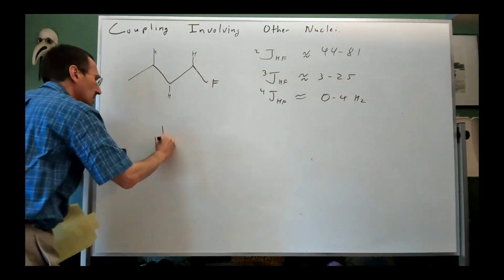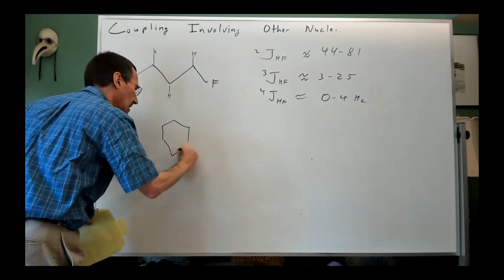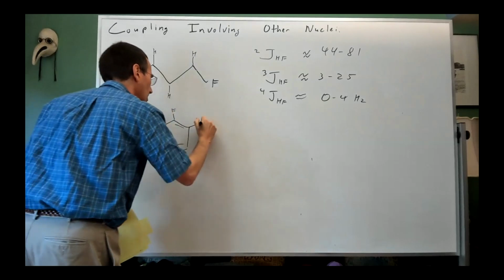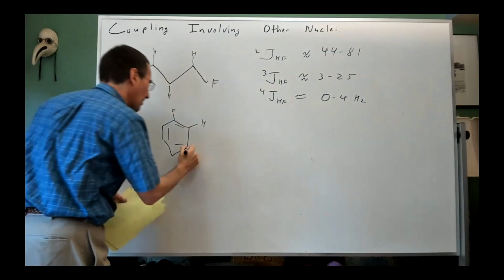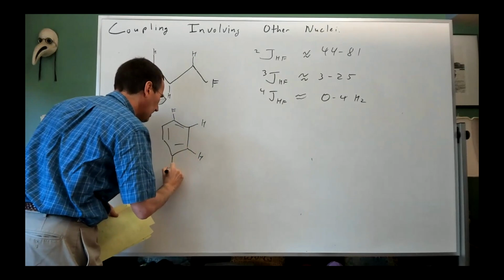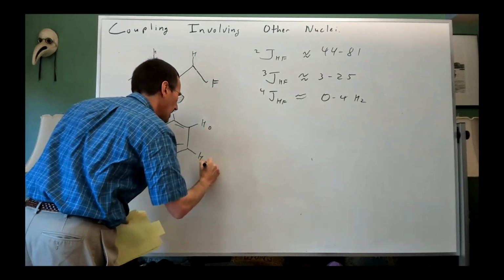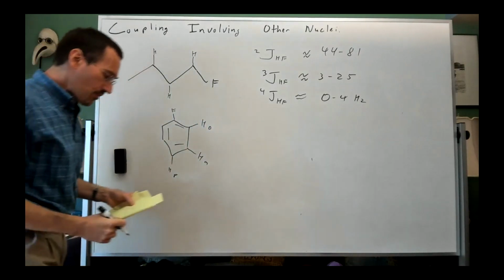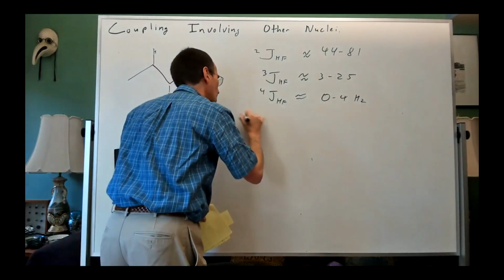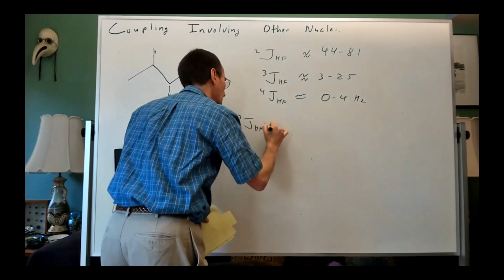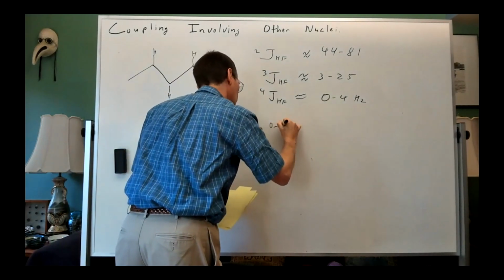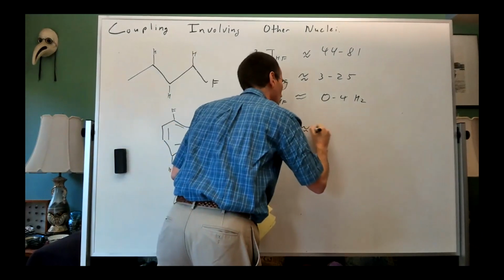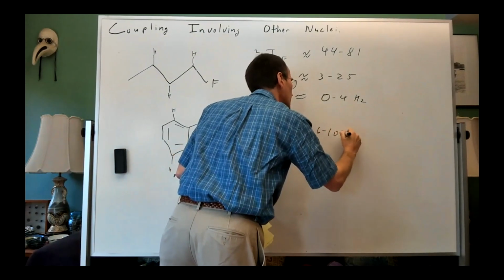The other case that's a little surprising, and you'll see this on the homework, is fluorine on benzene. And so if we think about our ortho, meta, and para hydrogens, it probably wouldn't surprise you that your J3HF for ortho is on the order of 6 to 10 hertz.